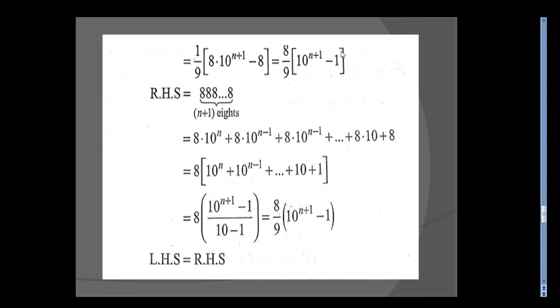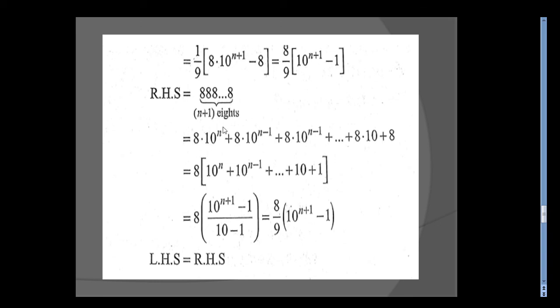Now, the same result: we have taken LHS and we got this result. The same way, we should take RHS and prove this result. Then I can tell that LHS equal to RHS. So here 8 into 10, when I am expanding up to 8 digits, nearly n plus 1 digits we have.